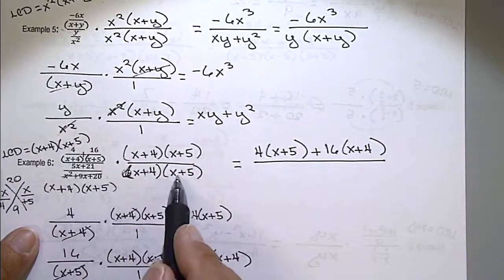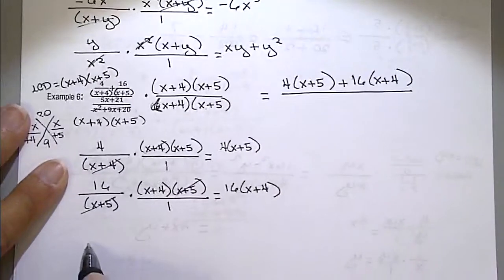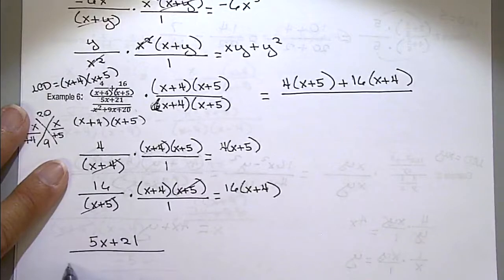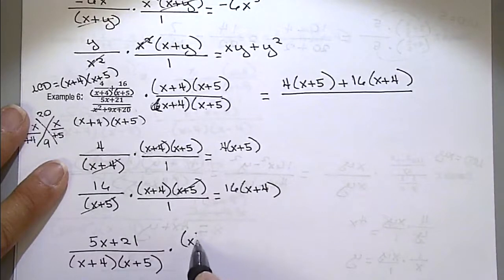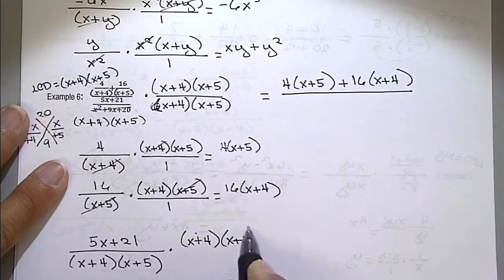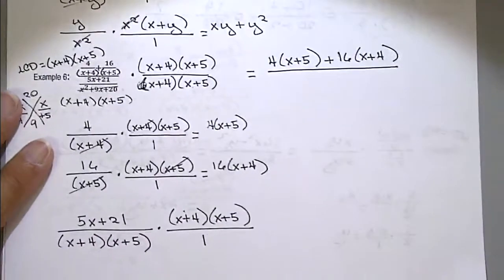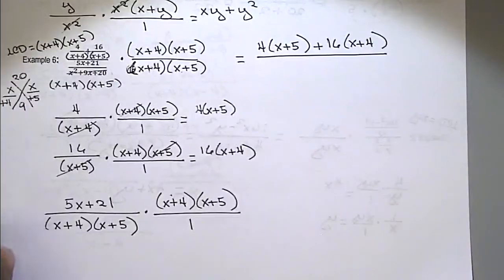x plus 4 times x, I'll write it here. I've got 5x plus 21 over that denominator of x plus 4 times x plus 5, don't I? Times the same thing, x plus 4 times x plus 5 over 1. I'm just breaking it down into pieces.